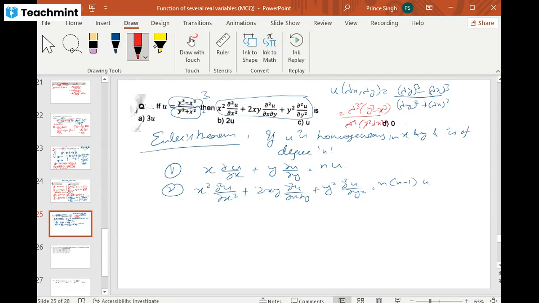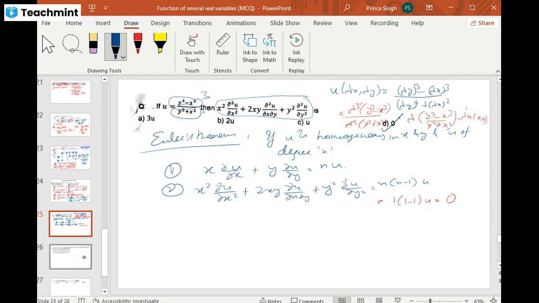So the lambda power 2 cancels out. So this is lambda times (y cube minus x cube) over (y square plus x square), lambda to the 1 times u(x, y). So the degree is 1. Degree 1 means 1 into (1 minus 1) times u, the answer is 0. So the correct answer is option D only, because here u is a homogeneous function of degree 1, so this term is 0 only.